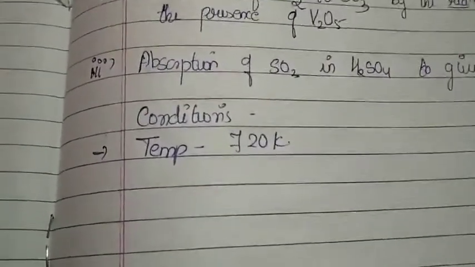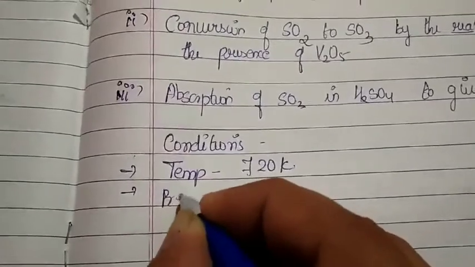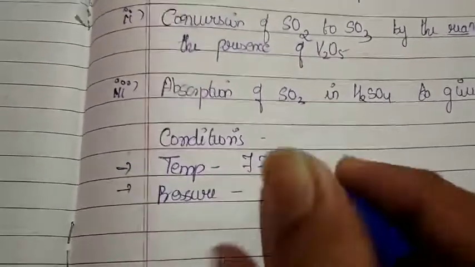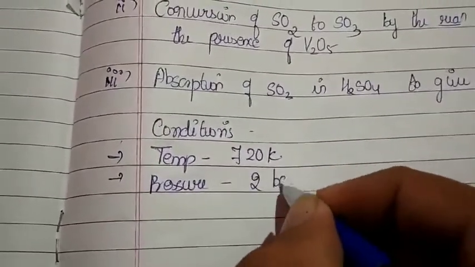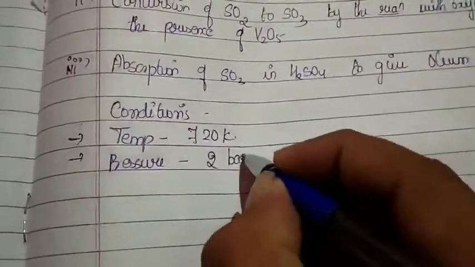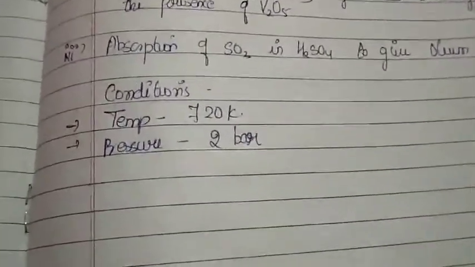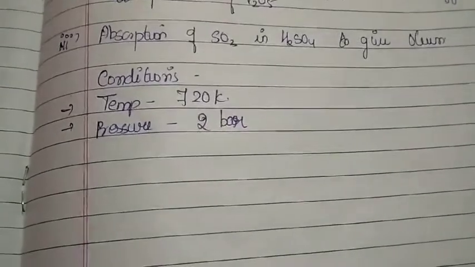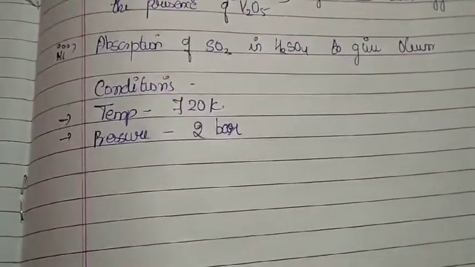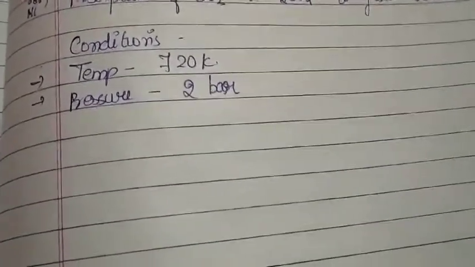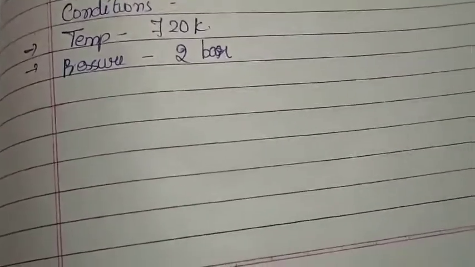Similarly, you have to keep the pressure at 2 bar, maintained at atmospheric pressure level. So these are the two important conditions you have to maintain in the contact process to get the maximum yield of sulfuric acid.